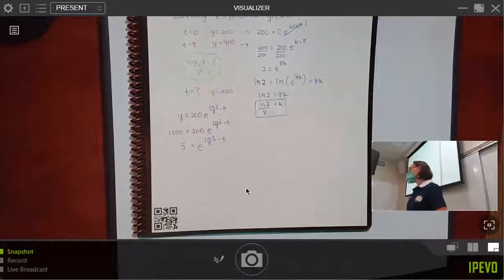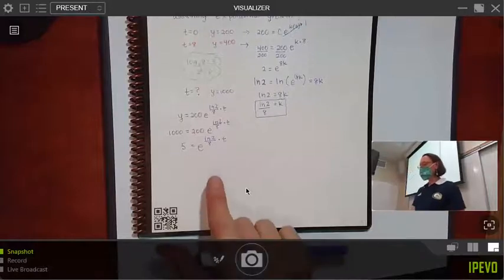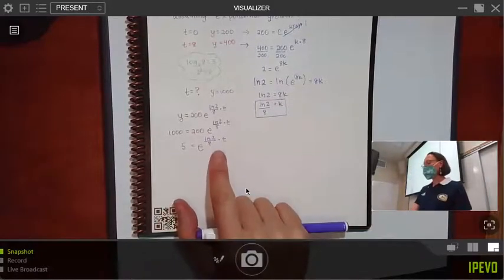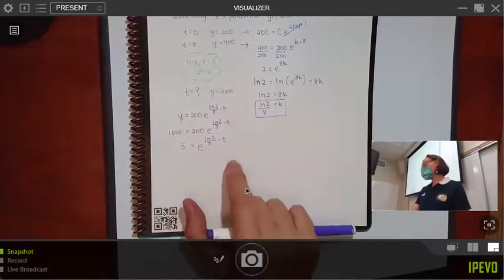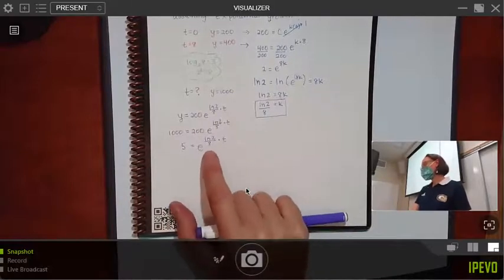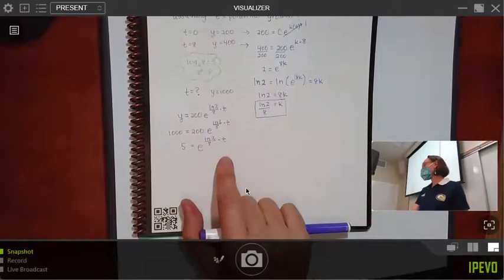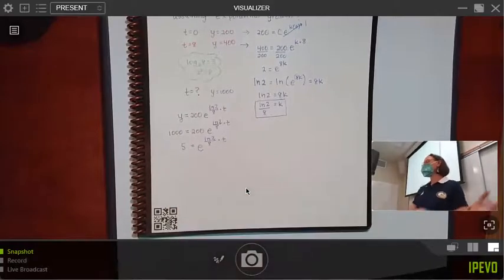We have options. We can either work with the right-hand side and try to deal with the inverse property of e and ln by manipulating this, or we can just sweep in and take the natural log of both sides again. I think it's easier to just sweep in and take the natural log of both sides again.